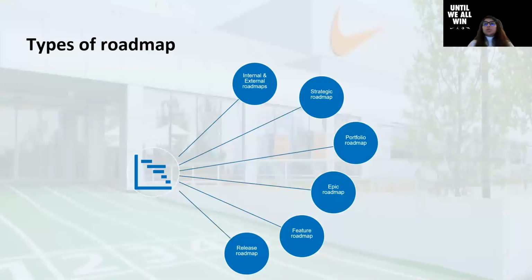And the next thing I'm going to cover is the types of roadmap. It is very crucial to understand what they are. First, the internal and external roadmap. One of the things that I've usually seen is that in some organizations or for some products, you need to have an internal roadmap which is very specific to the product and engineering team, and an external roadmap which will communicate your value drops at different moments. What is the go to market that you need to have?